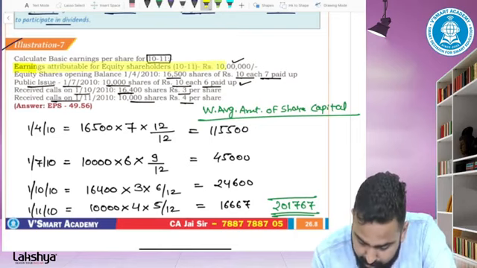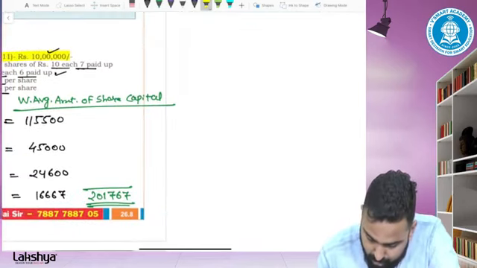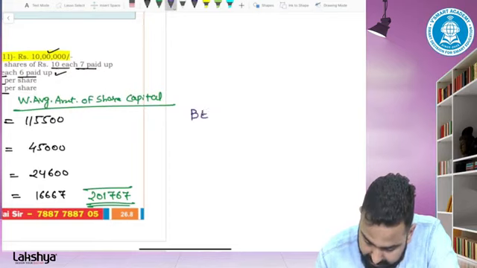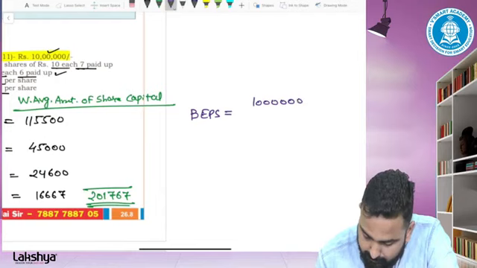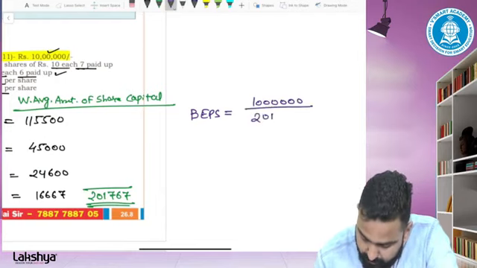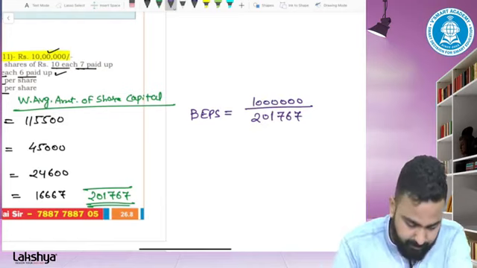Earning attributable for equity shareholders is 10 lakh. So basic earning per share is 10 lakh divided by 201,767.